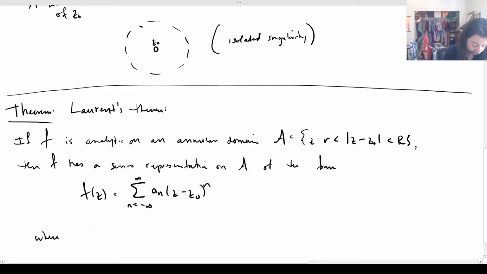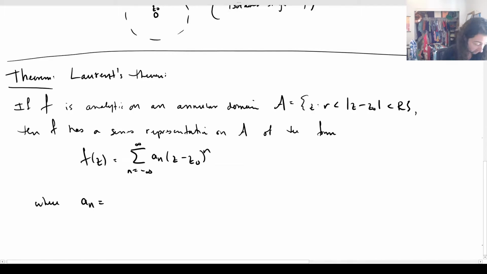where these coefficients a_n can be calculated with a generalization of the Cauchy integral theorem. So 1 over 2 pi i times the integral around c of f of z divided by z minus z naught to the n plus 1 dz.